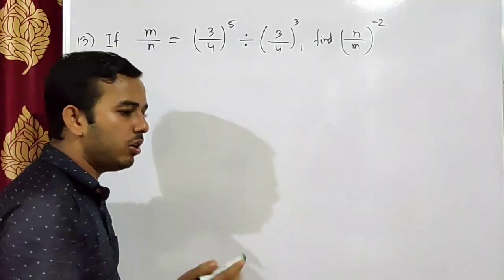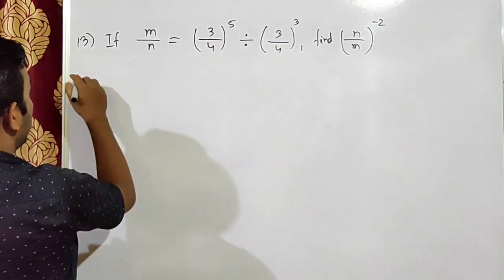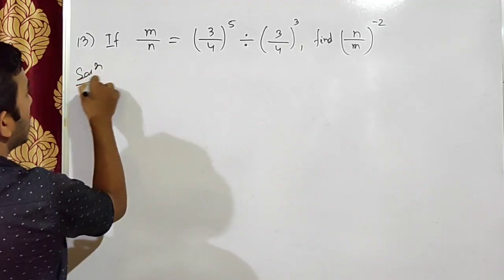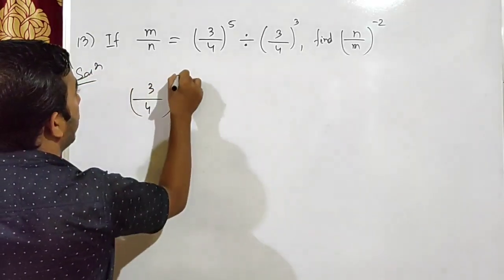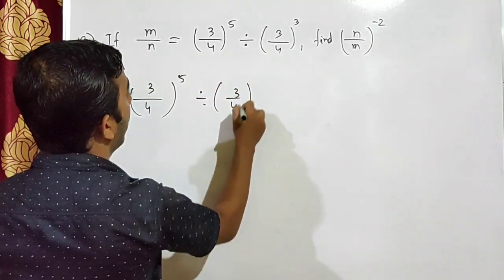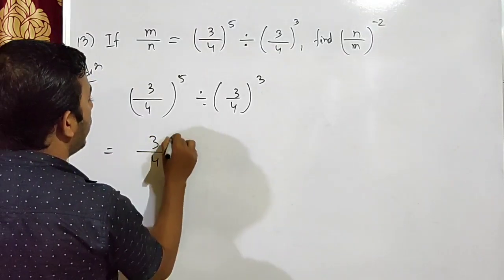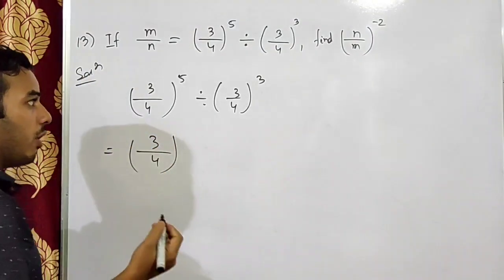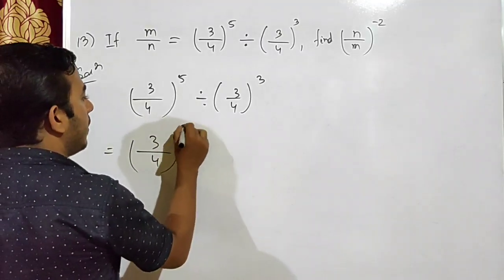Let's proceed, no need to waste time on discussing. Let's look at the board. First we will write the expression: (3 by 4)^5 divided by (3 by 4)^3. When the base is common and the powers are different and they are divided, we take the base common and subtract the powers.